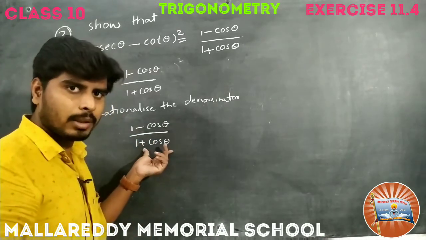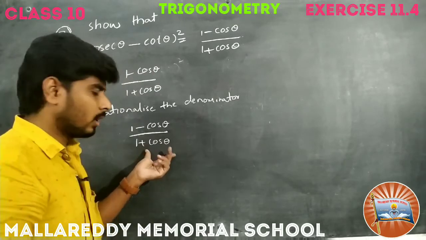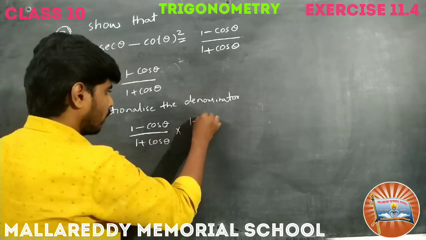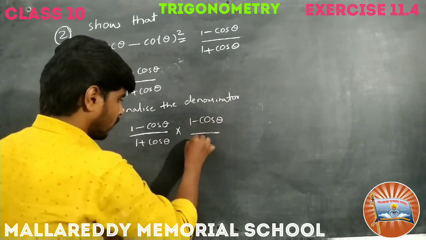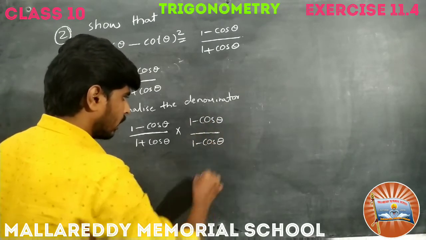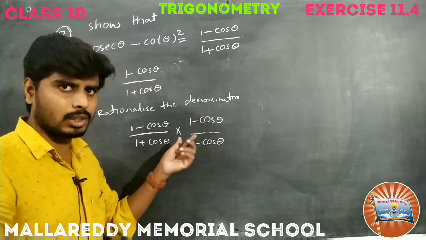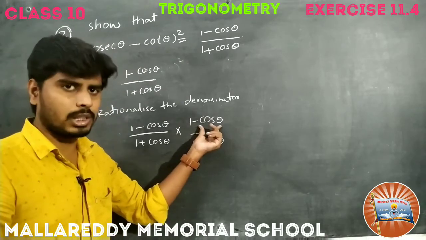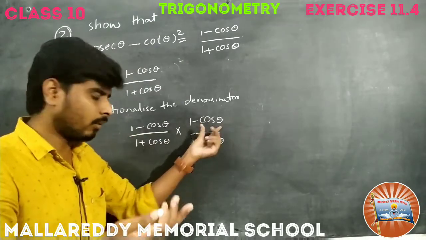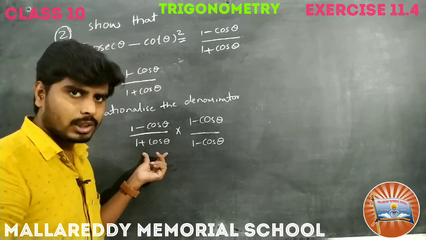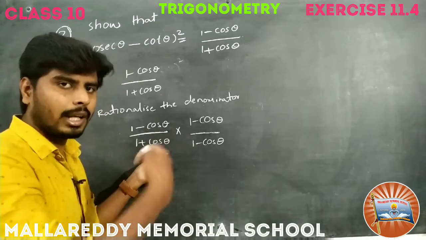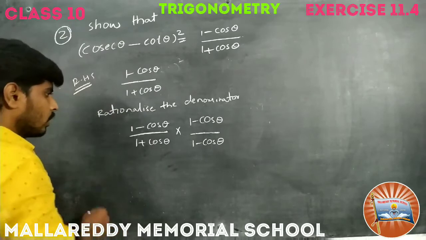It is nothing but 1 minus cos theta. So now I am going to multiply with (1 minus cos theta) by (1 minus cos theta). So denominator and numerator I am multiplying with 1 minus cos theta. This 1 minus cos theta is the rationalization factor of 1 plus cos theta. This already we have learned in the 9th class. Okay, right. So multiply with this.